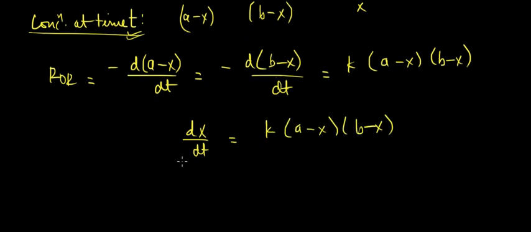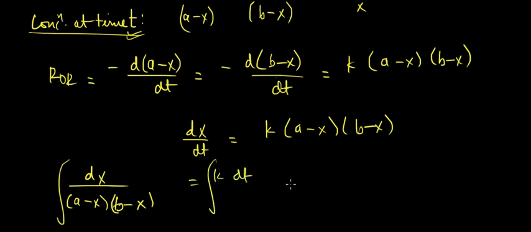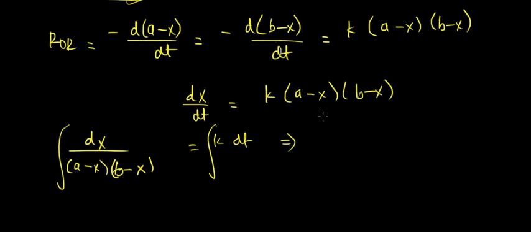Again shuffling the equation to accommodate the x terms on the left hand side and the dt terms on the right hand side, and integrating it. So how do we integrate that?